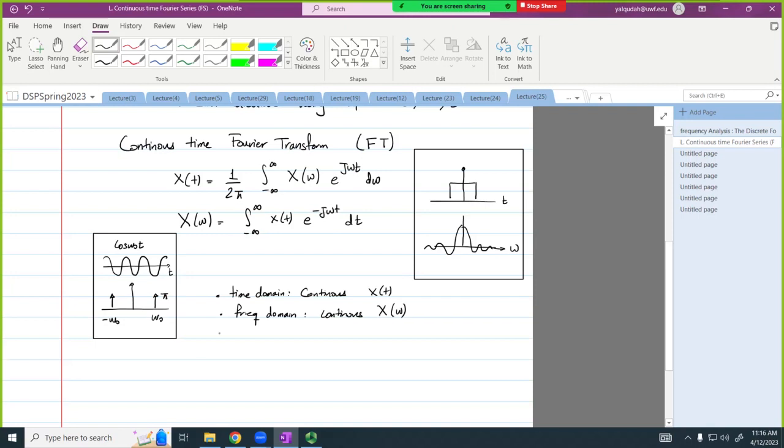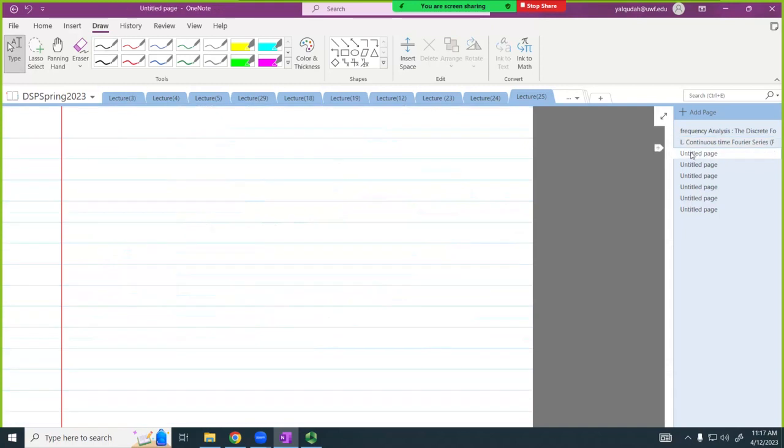And again, we cannot use the computer to calculate this, because we have t, omega, and the integration. The continuous variables and the integration, also from negative infinity to infinity.